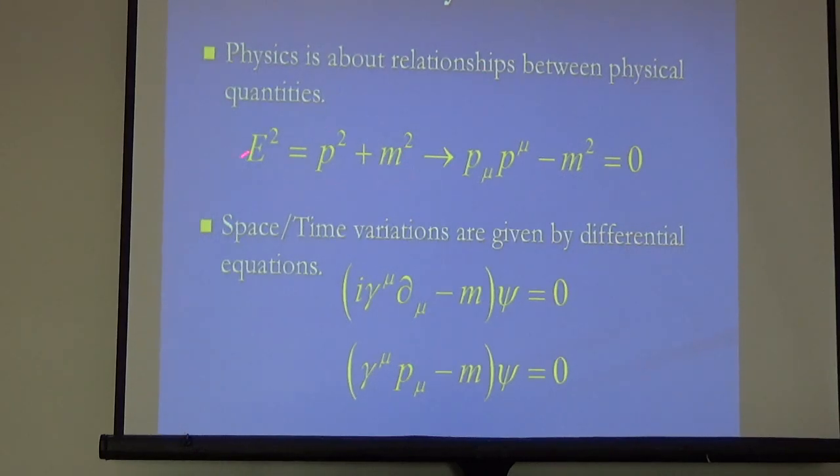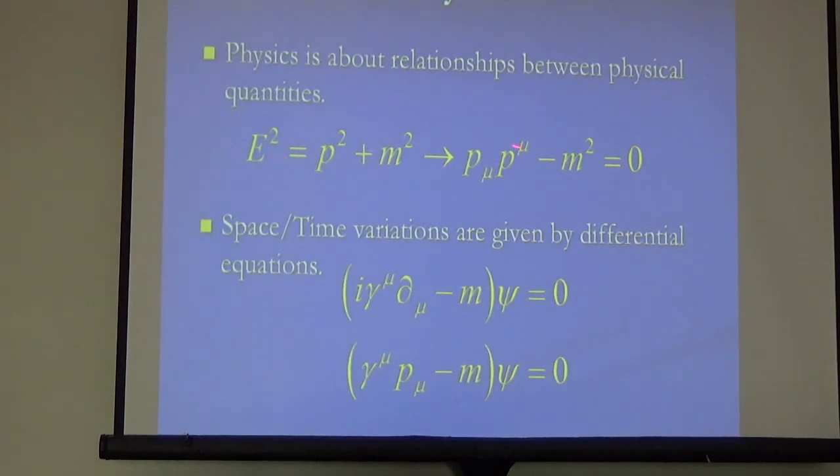So this energy momentum relationship is the one that we really want to see in all relativistic particles. I will write it with an Einstein summation convention, so p mu runs over the indices for time and three spatial ones.